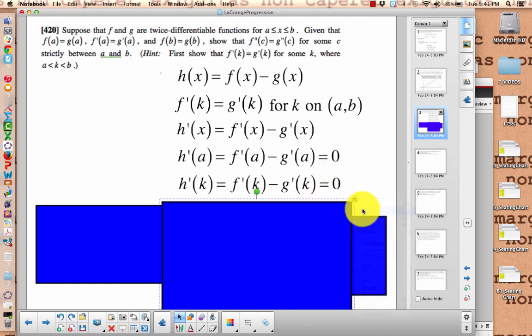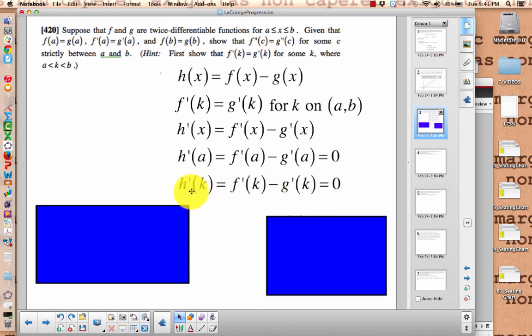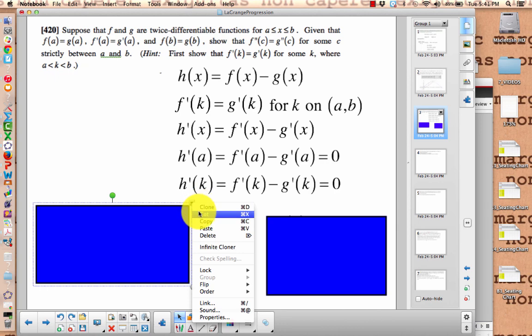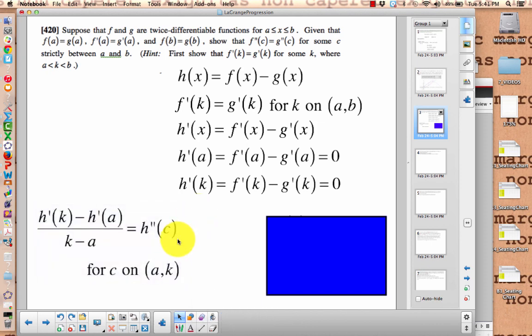We're going to follow the same pattern as a few slides ago. We can now apply the mean value theorem, not to h this time, but to h prime, and we'll use the values a and k in our difference quotient. The mean value theorem says that if h prime is differentiable, because h is twice differentiable, then the difference quotient will be equal to the derivative, in this case the second derivative of h, for some number c between a and k.